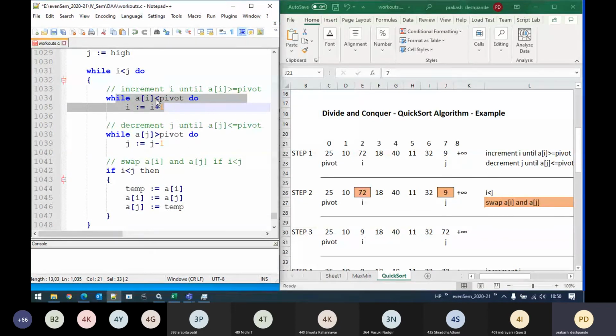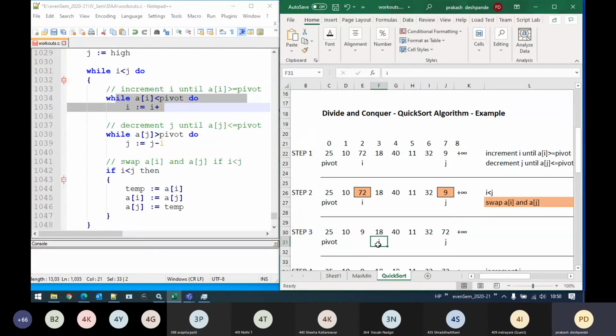The condition is: A of i less than pivot. A of i is 9. Is this 9 less than pivot? Yes. What has to be done? Increment. So i gets incremented to the next position.